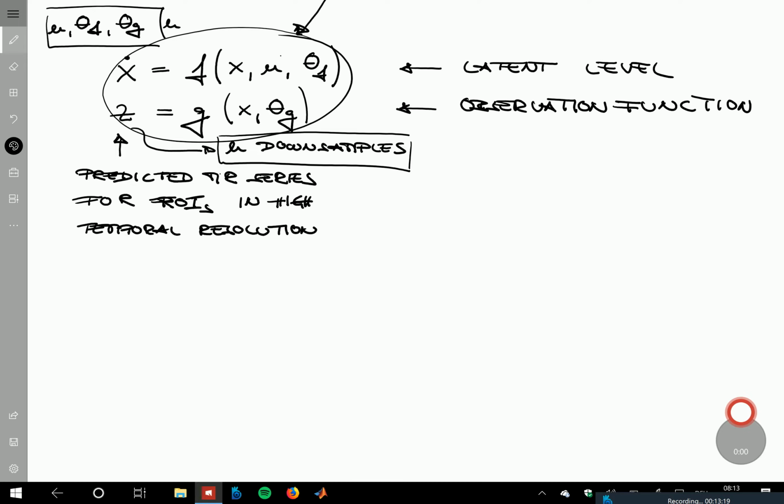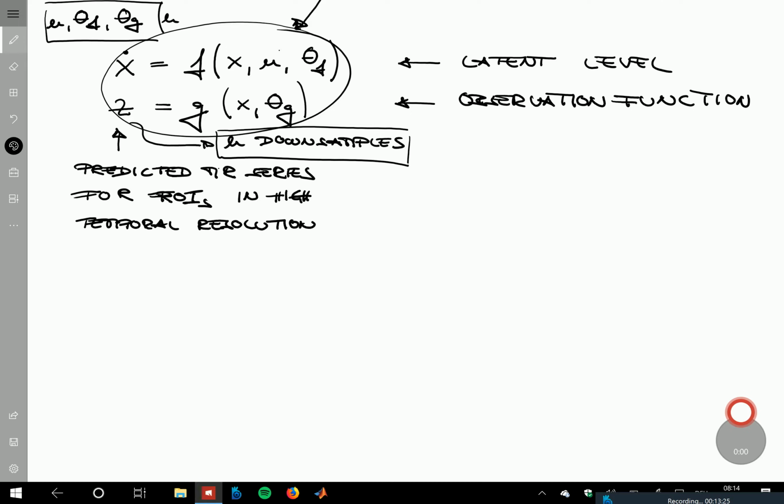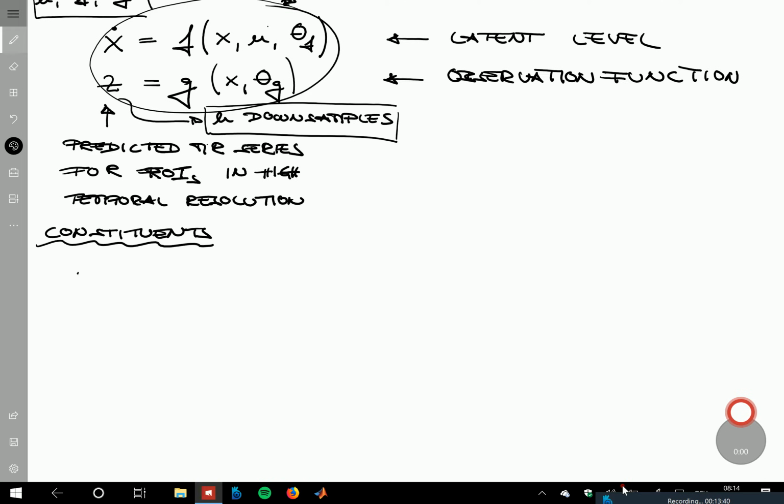The question is now, what are these things? This is what we're going to talk about. So the U, the constituents. The U has not changed, and there's also not much to talk about with respect to the U. The U is still this univariate vector valued function that takes time as an input and returns a vector of condition onsets.